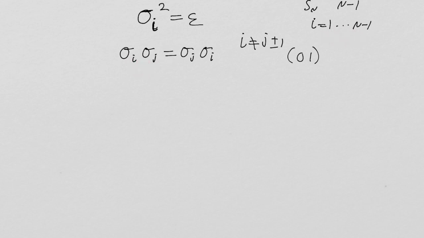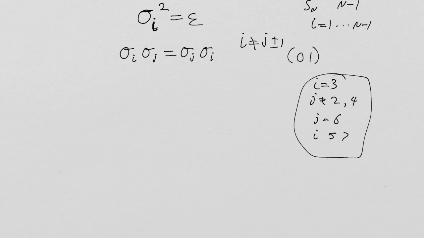So if i equals 3, then j cannot equal 2 or 4. And likewise, if j equals 6, then i can't be 5 or 7. Otherwise these commute. So this rule applies when the indices avoid this kind of collision. It's a near collision, right?